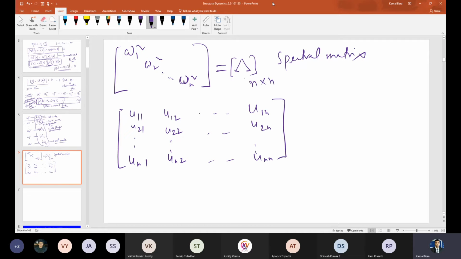You see I am repeating the same thing. If you haven't understood, please ask me. I have defined this as U, and I called it the modal matrix. What is the dimension of this U?